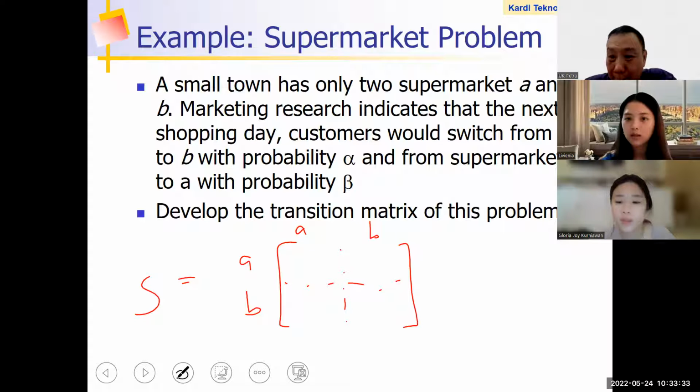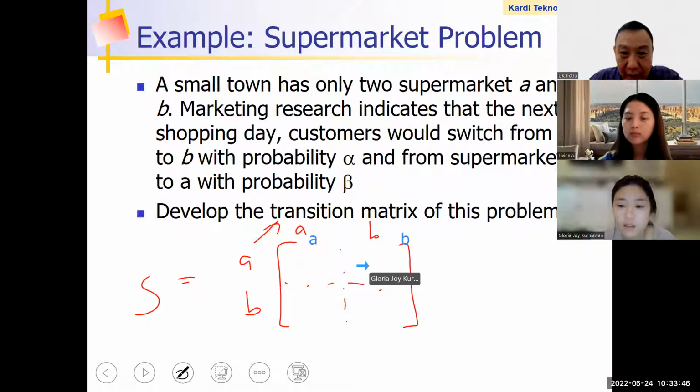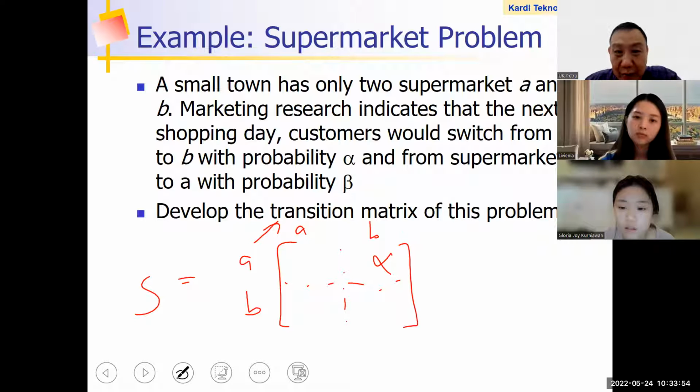A comma B here. It's going in that direction, so here is alpha. And then which one is beta? Beta is in the opposite one, the left. So here is beta.